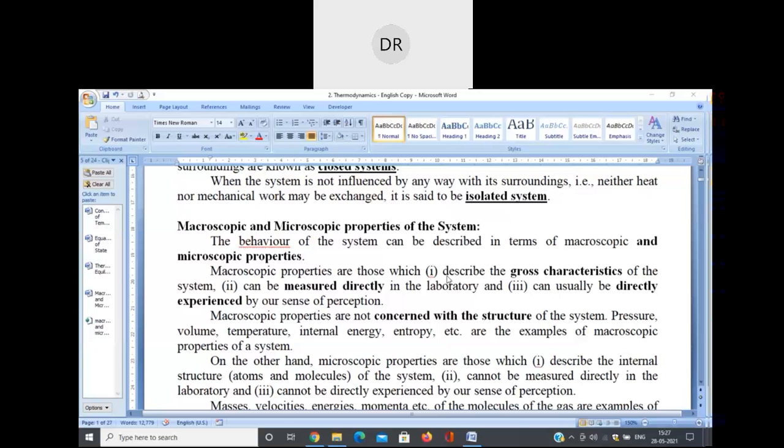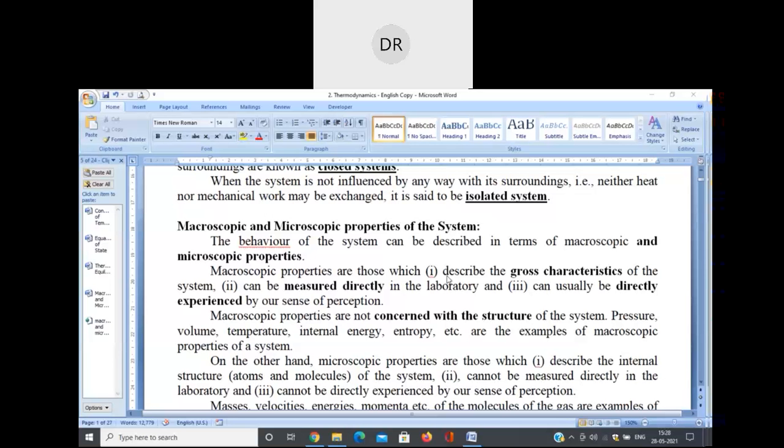When we come to the macroscopic properties, they describe the gross characteristics of the system. They can be measured directly in the laboratory. They can be experienced directly by our sense of perception. So macro means we can observe directly by our senses, measure, and experience, and it tells about the gross characteristics.